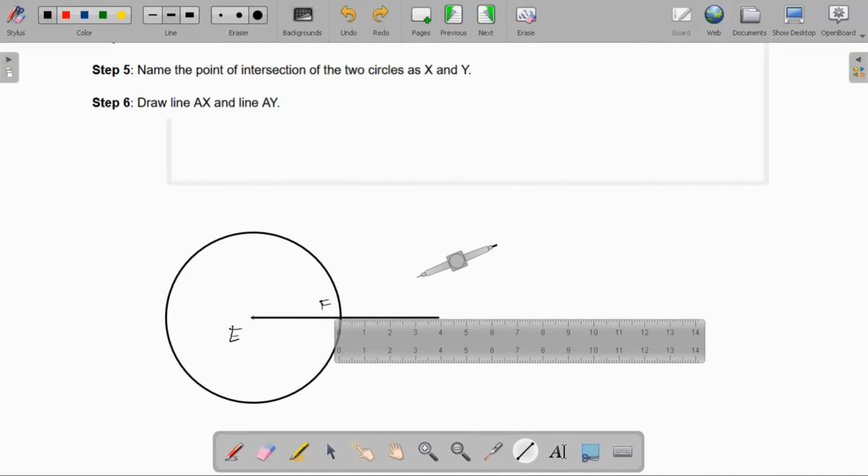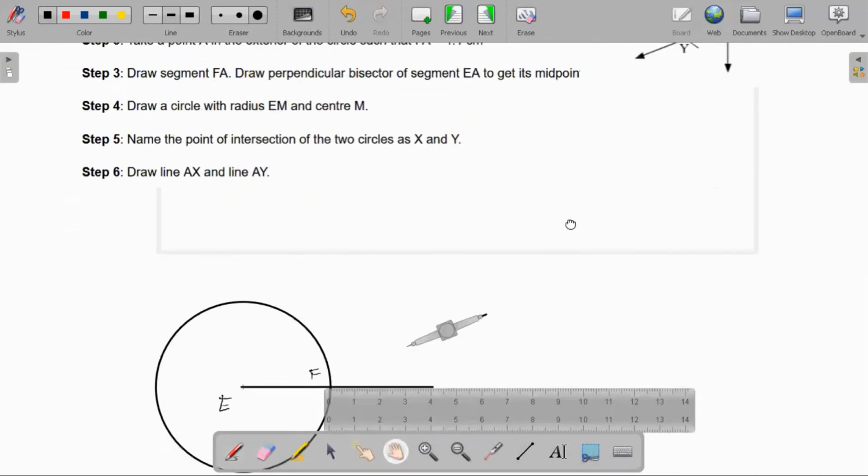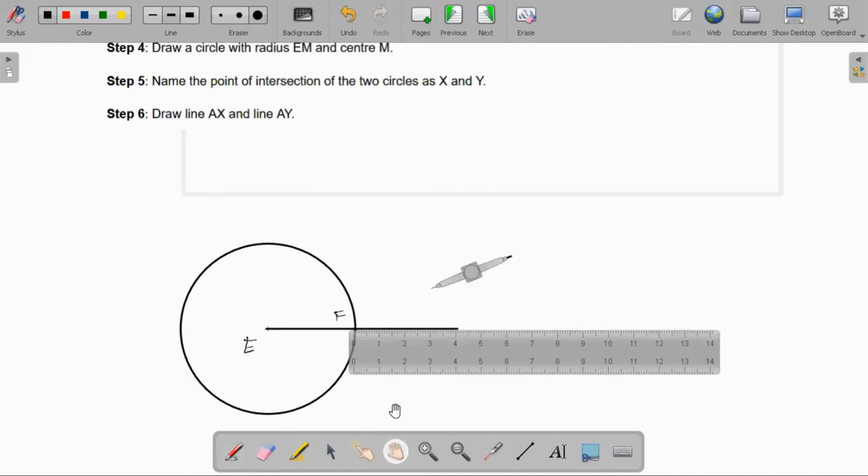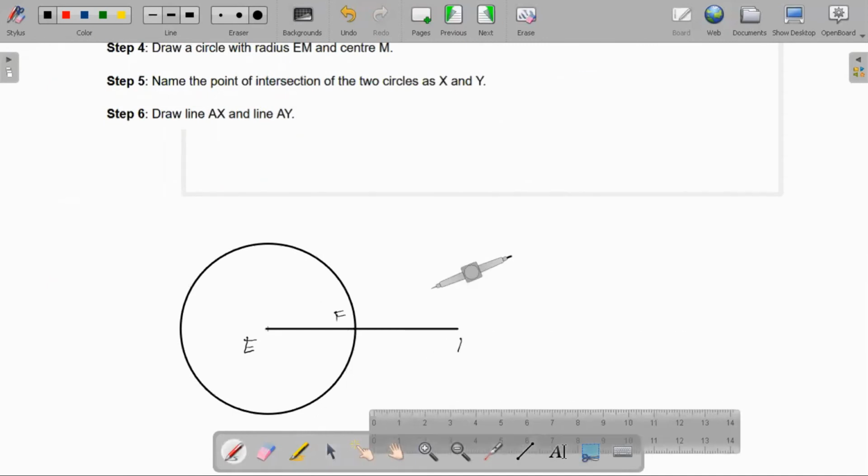This will be point A, that is 4.1. So I'll write here A, and this is 4.1 centimeters.